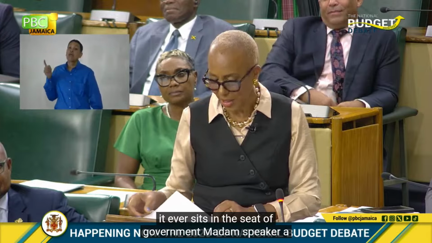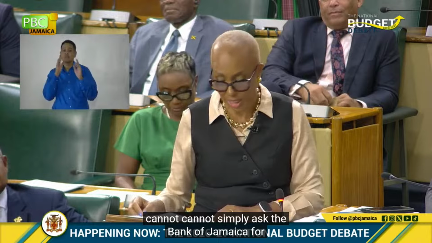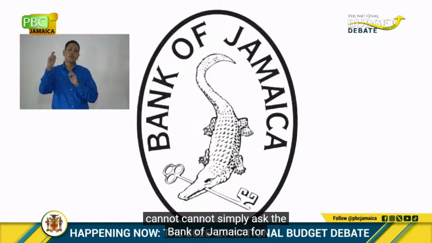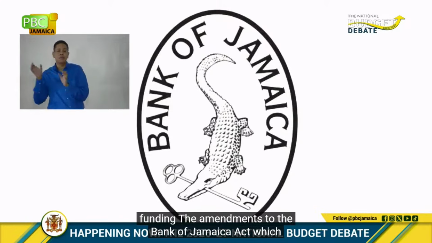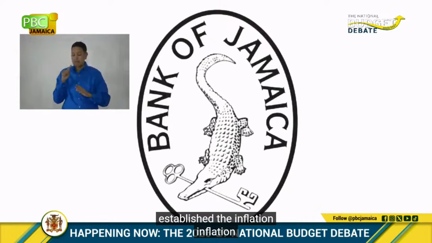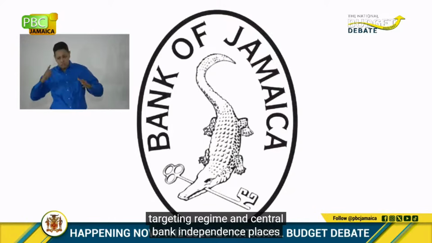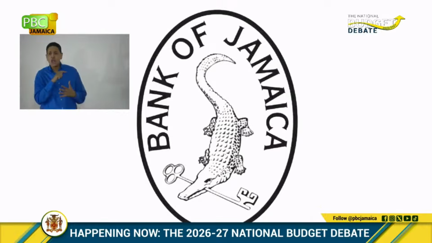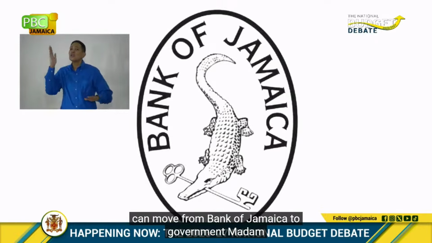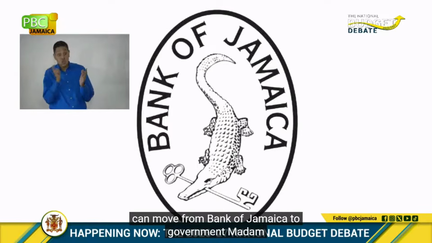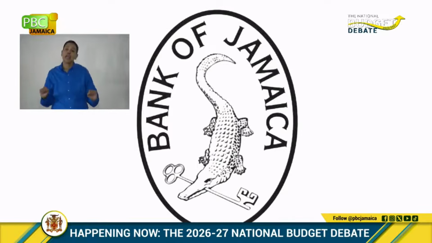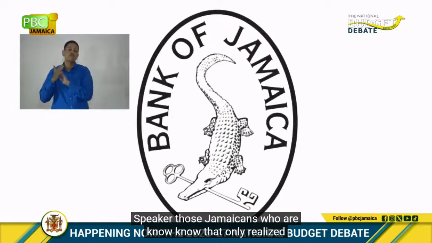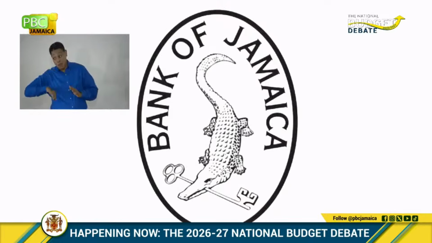The amendments to the Bank of Jamaica Act, which established the inflation targeting regime and central bank independence, place explicit and intrinsic guardrails around how resources can move from the Bank of Jamaica to government. Madam Speaker, those Jamaicans who are in business know that only realized profits can be distributed. It is the same for the Bank of Jamaica. Only realized profits can be distributed.